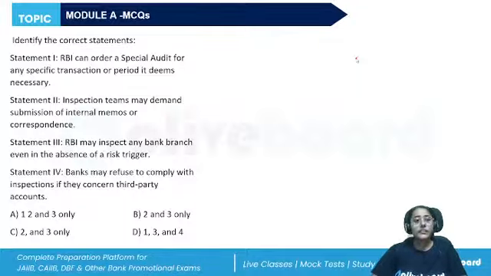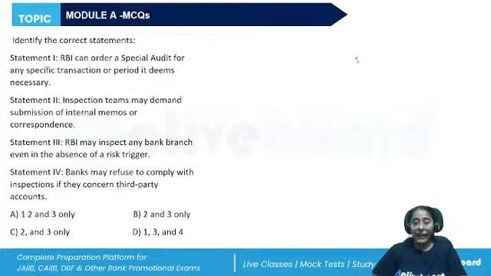All right. So RBI can order a special audit for any transactions, true. The inspection teams may demand the submission. They can go to the bank, they can ask for any information, any document, and RBI can also inspect any bank branch even in the absence of a risk trigger.